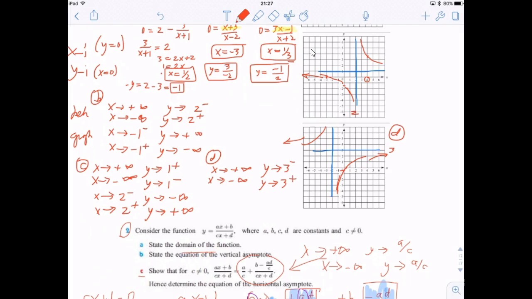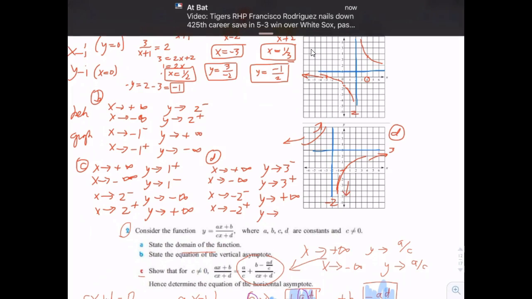And as I approach the x asymptote of -2 from the left, then I know I'm going to approach positive infinity. And as I approach -2 from the right, then I'm approaching negative infinity. Okay?